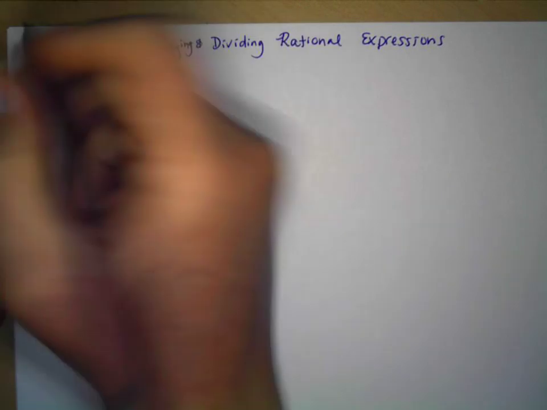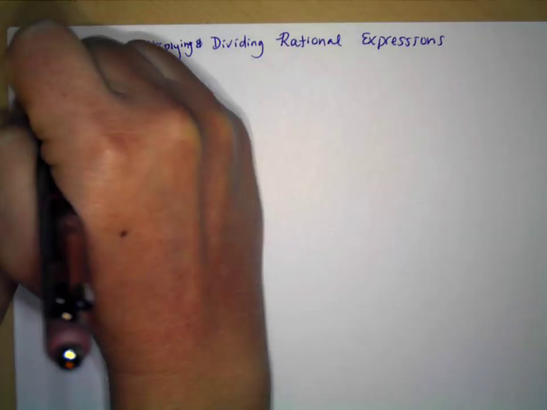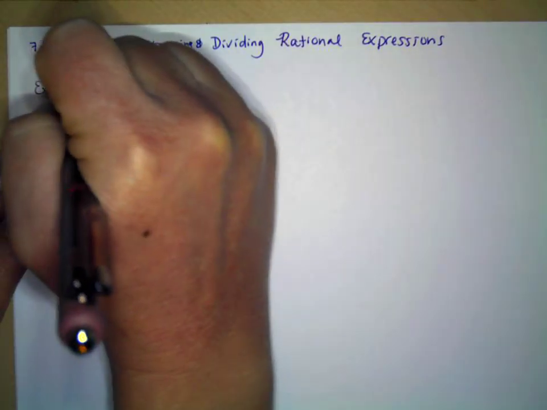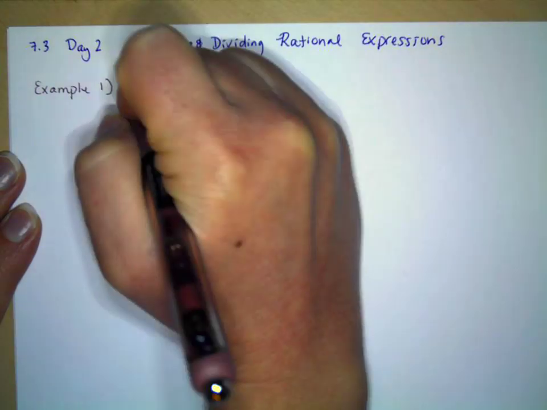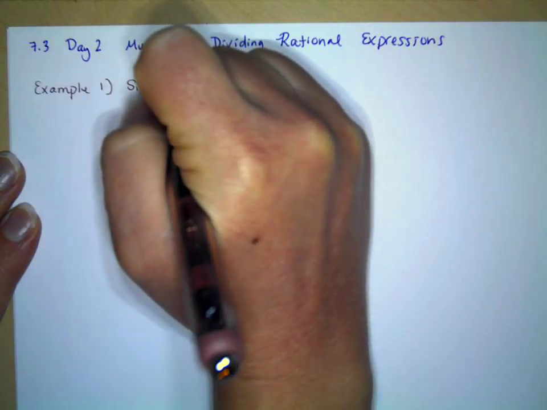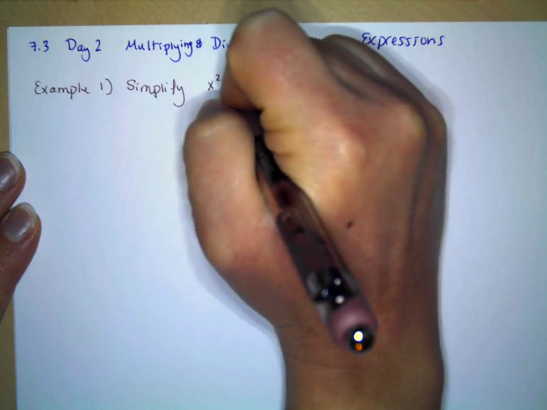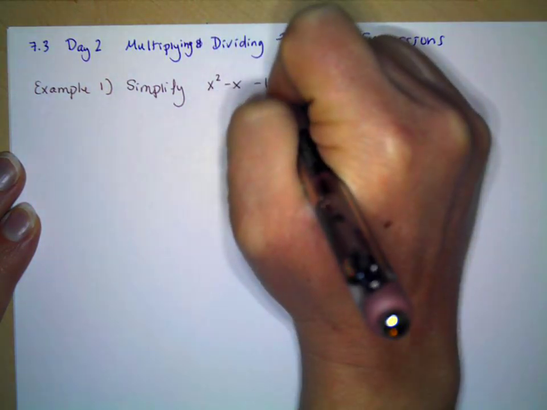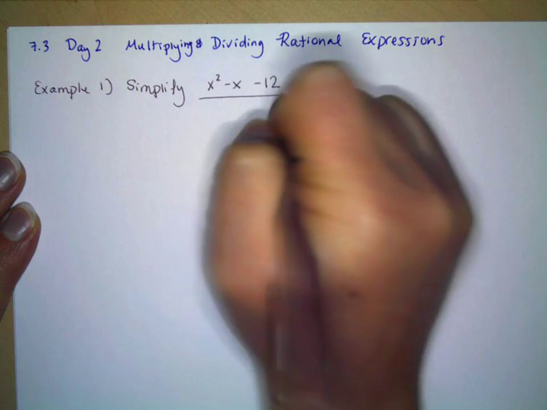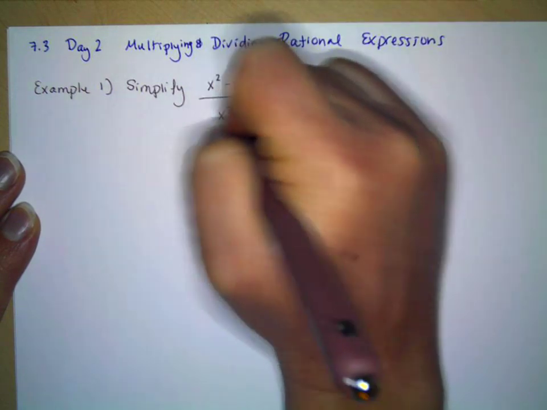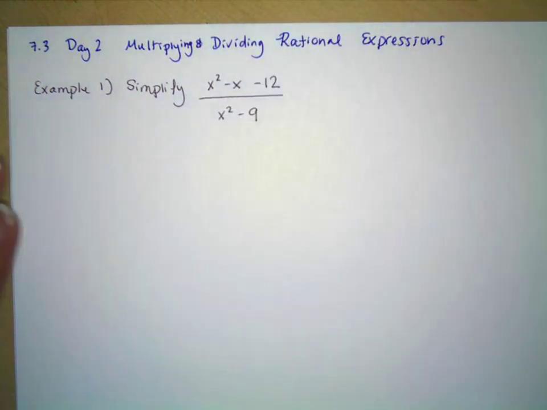For our first example, we are going to simplify x squared minus x minus 12 over x squared minus 9.